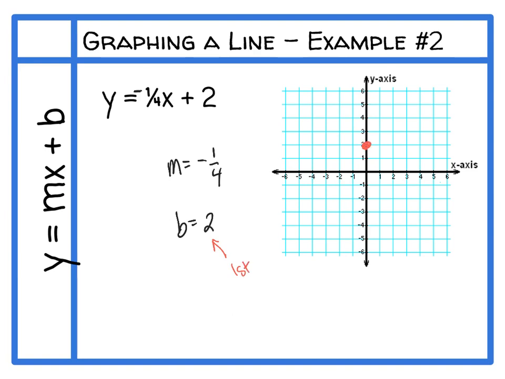Now, my slope, negative 1/4, tells me I want to move down 1 and over 4. I'm going to plot my point right there. The negative tells me to go down, and a positive would tell me to go up. I'm going to draw in my line then. And that's the beauty of slope-intercept form.